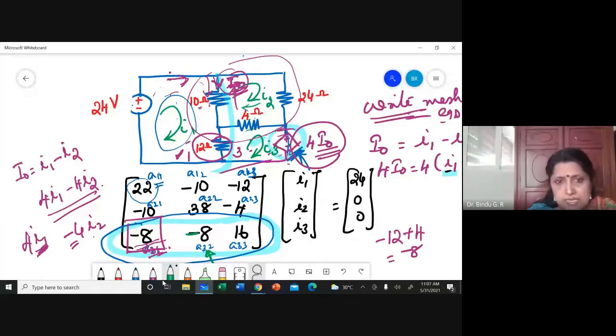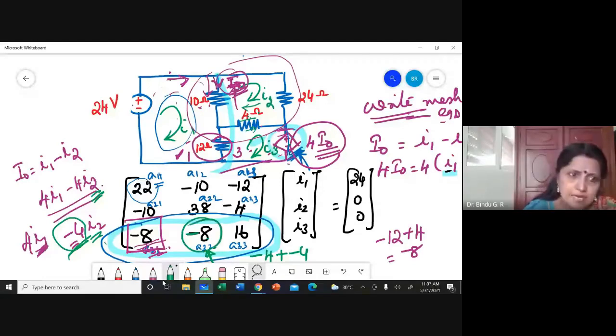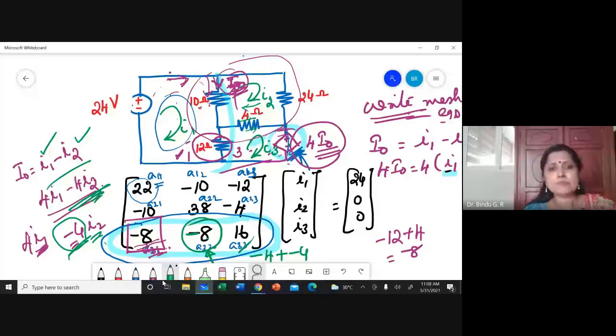But here, because I2 also comes in, I will be putting minus 4 of this resistance plus minus 4 of this dependent source. So it becomes minus 8. A33 remains the same because I don't have an I3 here, only I1 and I2. So the dependent source has brought in change in I1 and I2 only.